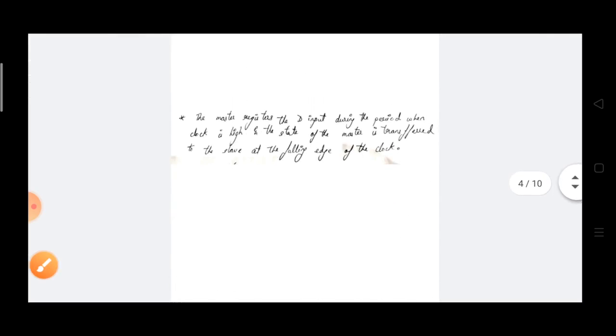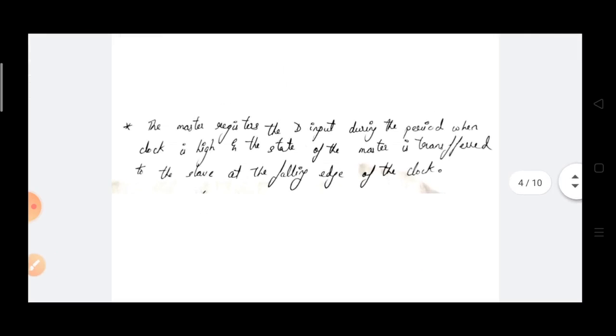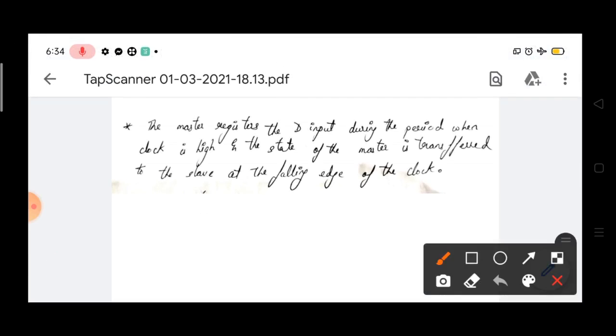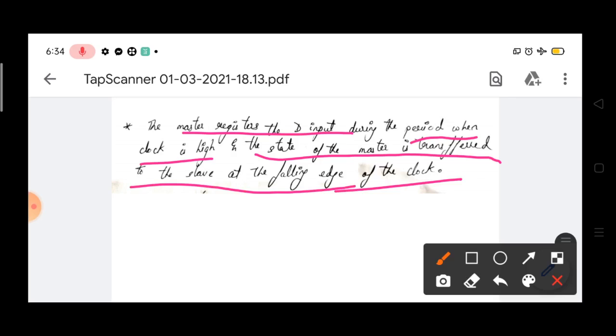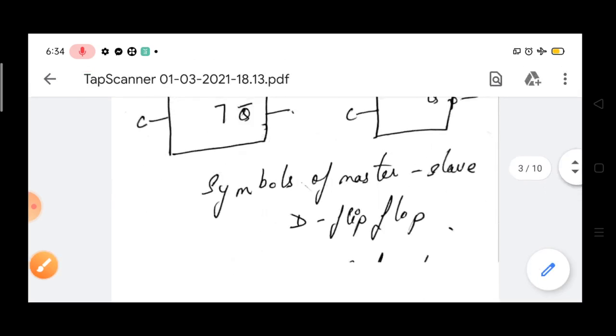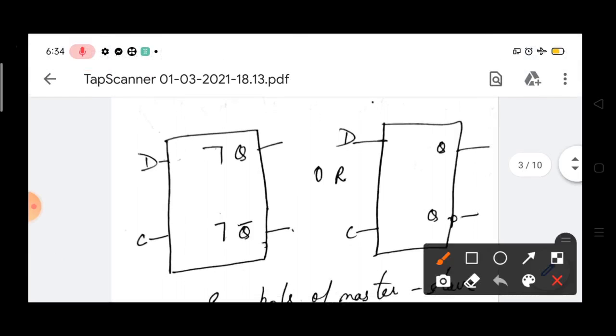The master registers the D input during the period when the clock is high, and the state of the master is transferred to the slave at the falling edge of the clock. This same thing is denoted here by means of this symbol.